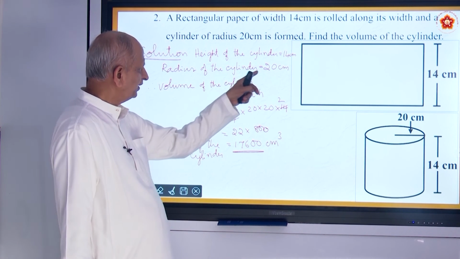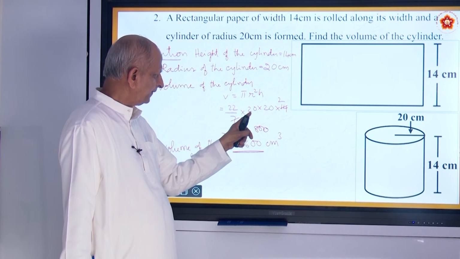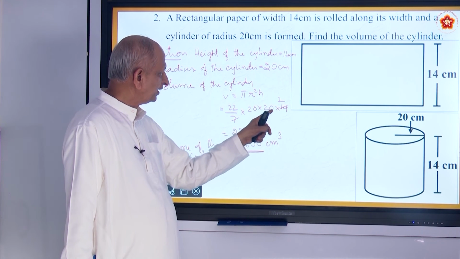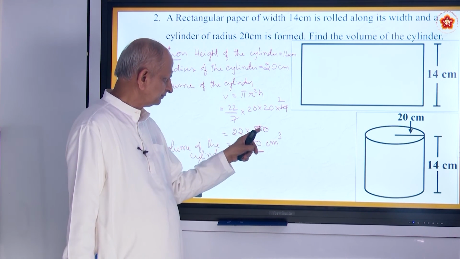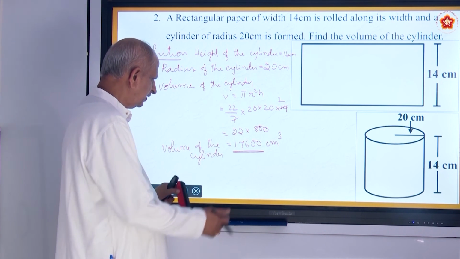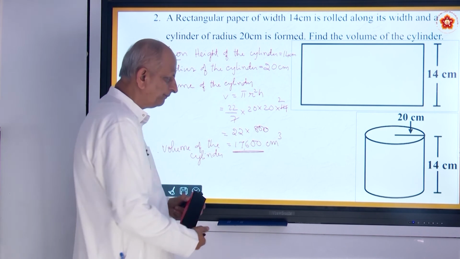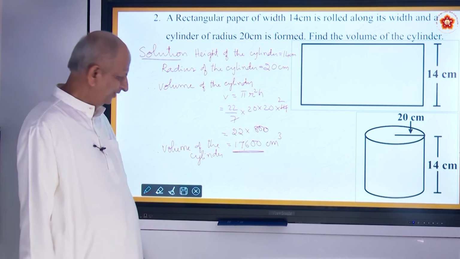So radius is given 20, height is given 14. You applied pi r square h here, so you have 22 into 800. That comes to 17,600 centimeter cube. So noted down? Very good.